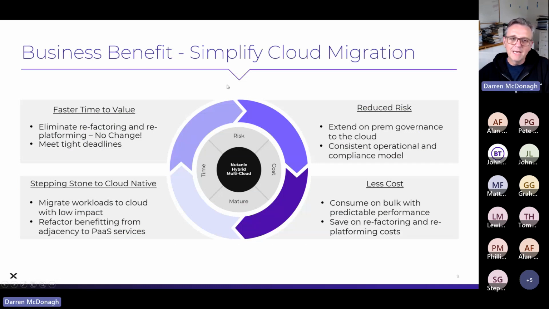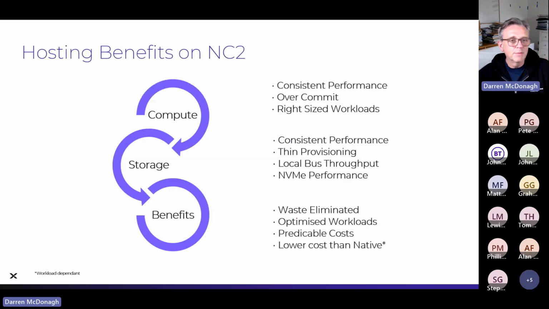One of the things we say to customers is you get to cloud quickly, you can do it with reduced risk, and potentially less cost. And if you want to migrate to become cloud native, then you can use us as a stepping stone. Some of the benefits to reduce the cost are that consistent performance. You can overcommit workloads to whatever overcommitment ratio you want, and right size them.